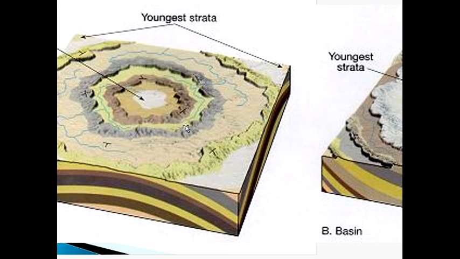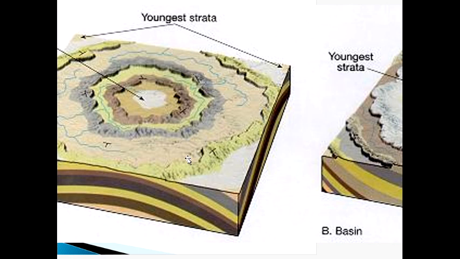So something in this area pushed it up. If you erode off the top, it cuts it off, and then the central part is oldest and the youngest is at the side. So this is very important to know. A dome is just a 3-dimensional anticline surface.